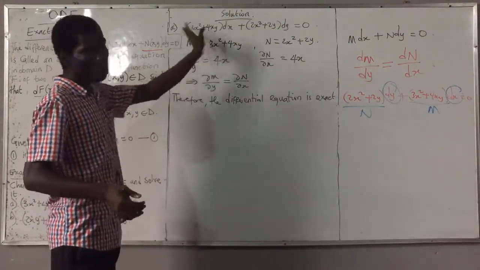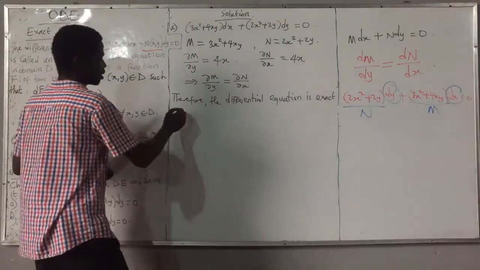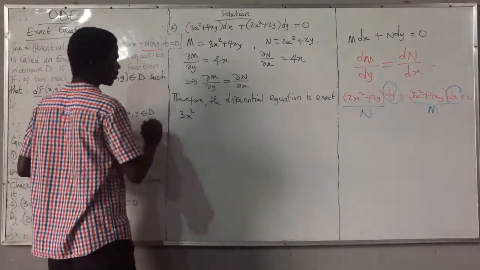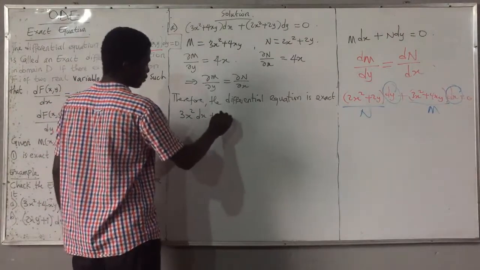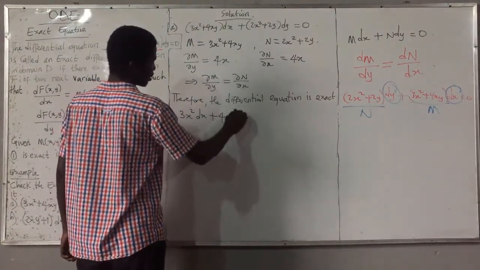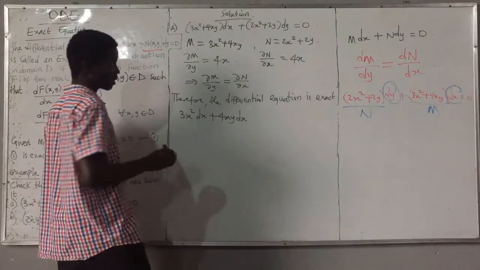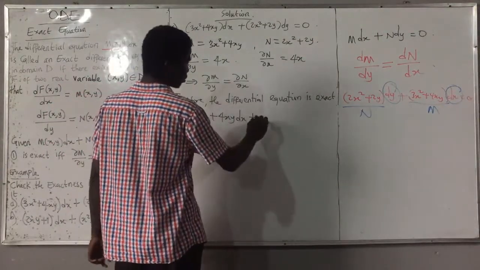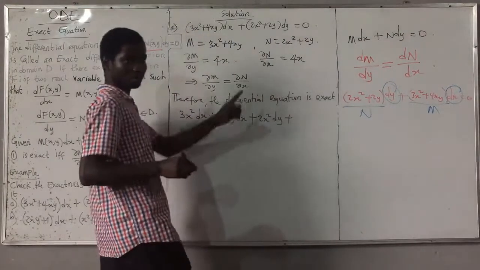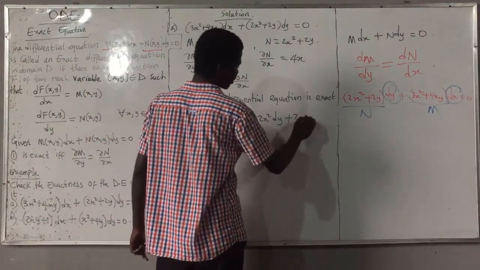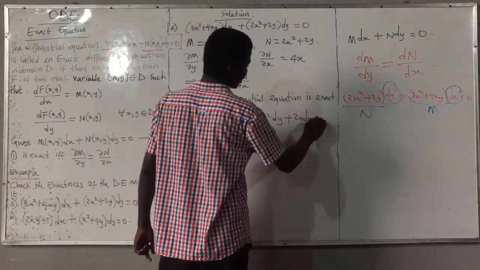Open the bracket. So this is what? 3x squared dx. Do you see that? Plus 4xy dx, right? Plus, open the bracket, 2x squared dy plus 2y dy equal to 0.